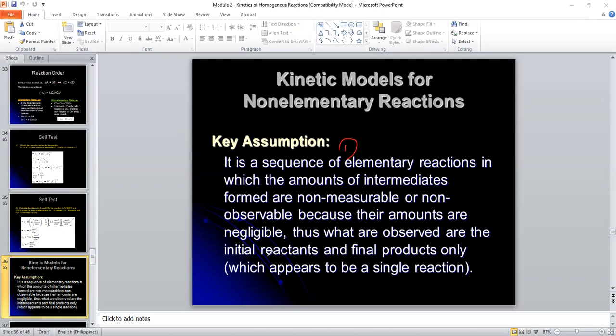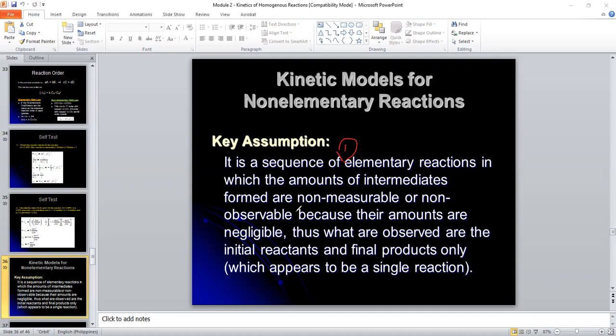And this particular single reaction is actually the overall reaction. So this first assumption is that you are given elementary reactions. Since you'll be given a mechanism, it will comprise a series of reactions. You are to view this series of reactions all as elementary reactions.